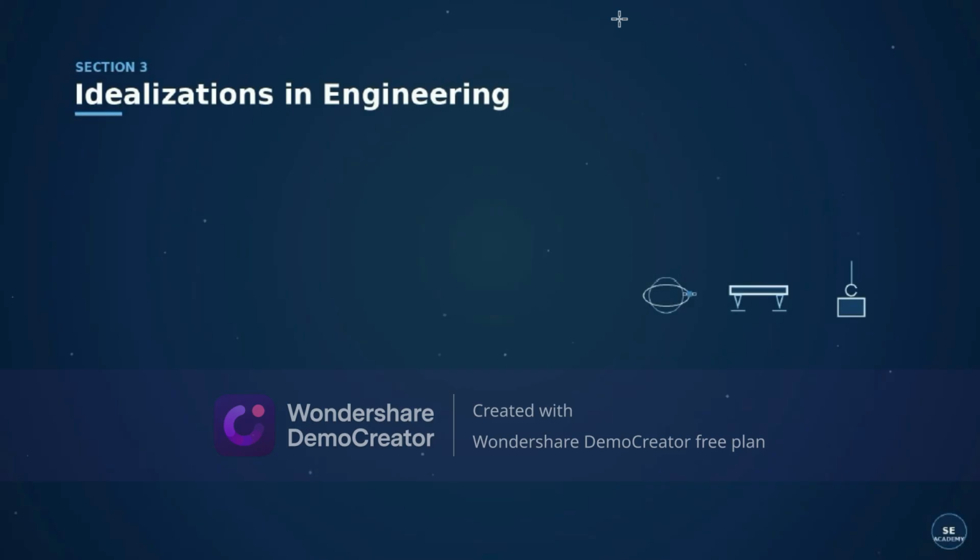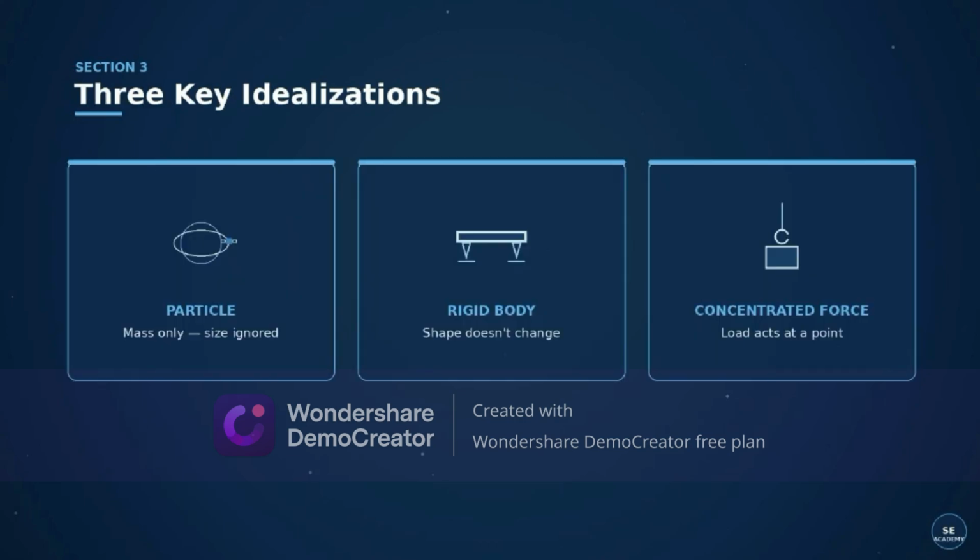There are three key idealizations that we need to know: a particle, a rigid body, and a concentrated force.